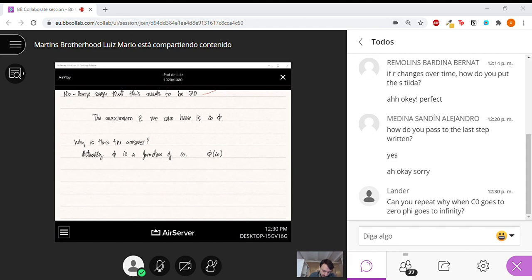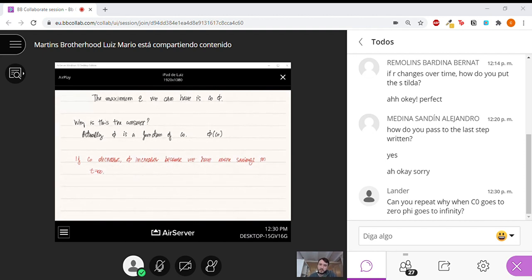What I know is the following: if C0 decreases, phi increases, because we have more savings in t equal to infinity. So one nice calculation is to see what happens to this phi if C0 goes to 0.